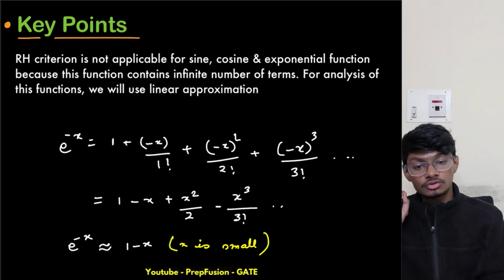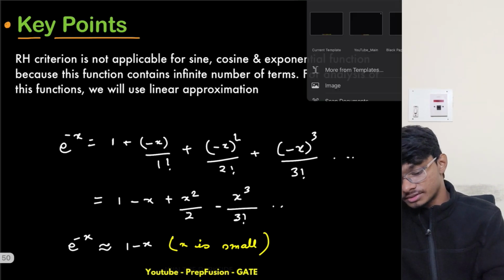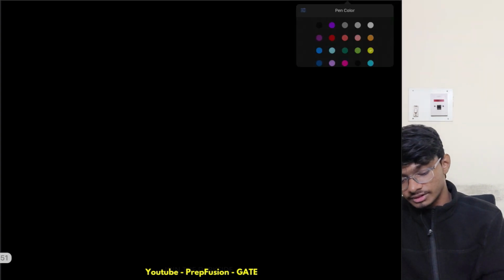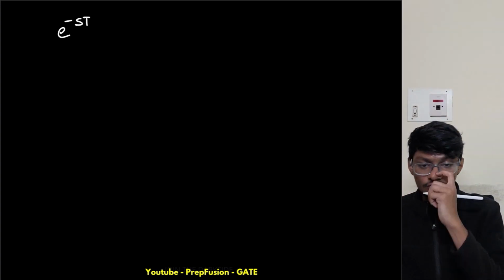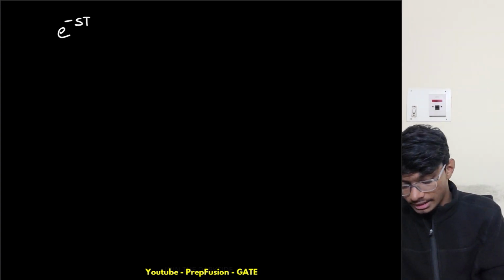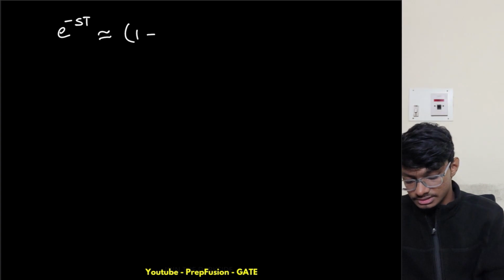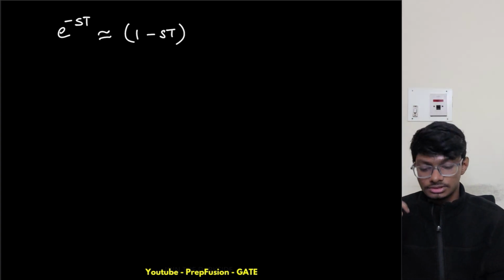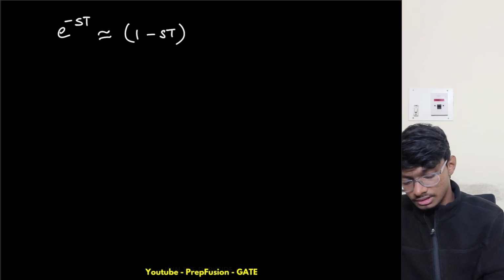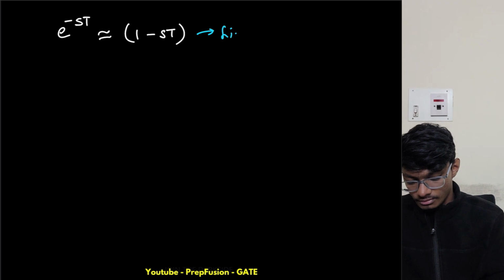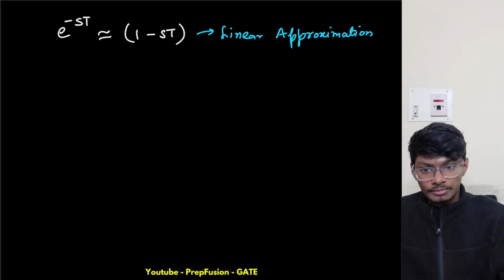In control systems, we don't have e raised to power x; we have e raised to power minus st. So e raised to power minus st can be approximated as 1 minus st. And this is known as the linear approximation.